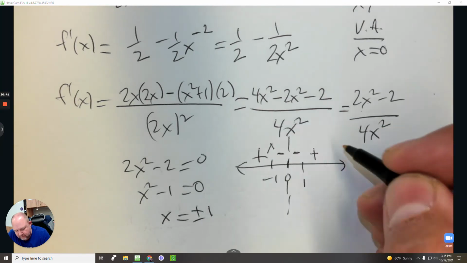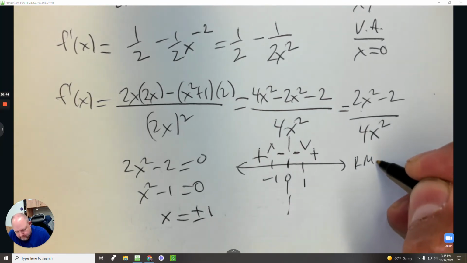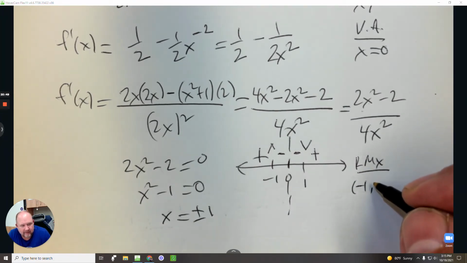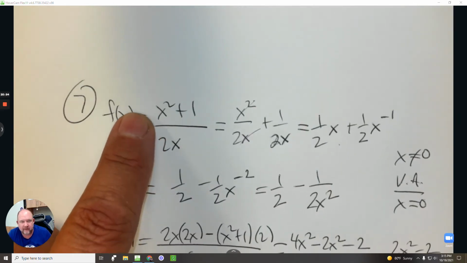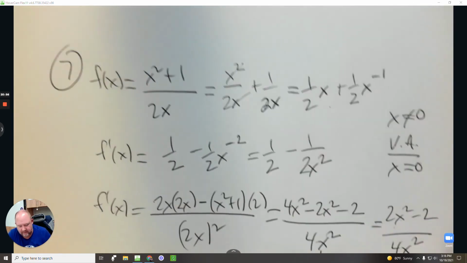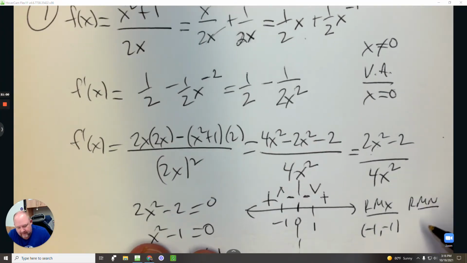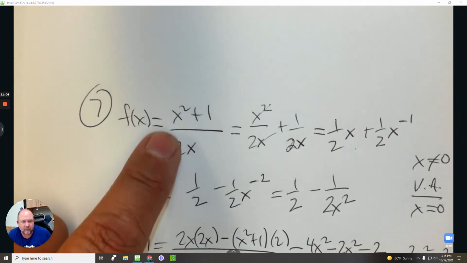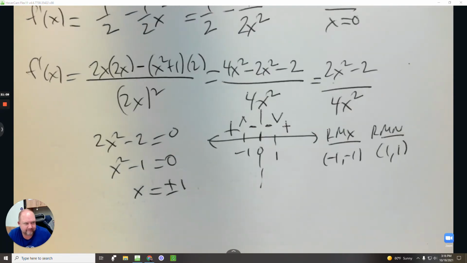So this is a maximum and this is a minimum. So we have a max at -1. Plug -1 in here, and you get 2 over -2, which is -1. We have a minimum at +1. +1 gives me 2 over 2, which is +1. So this is an odd function.